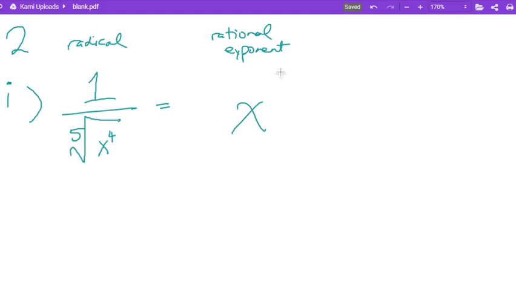The power is the numerator, because before, when we just had a random exponent, it was always just an integer. So the 4 stays where it used to be. What we add now is the index, which goes in the denominator. And now I have to represent the fact that all of this is in the denominator of the fraction.